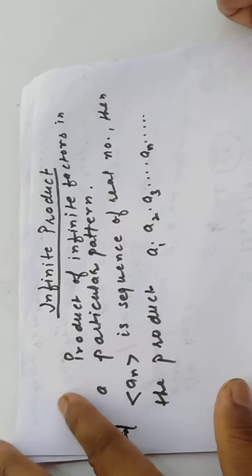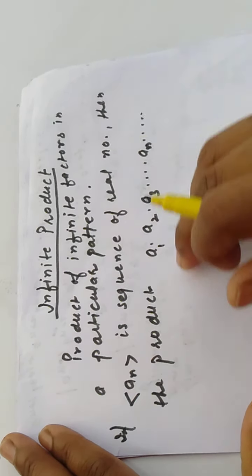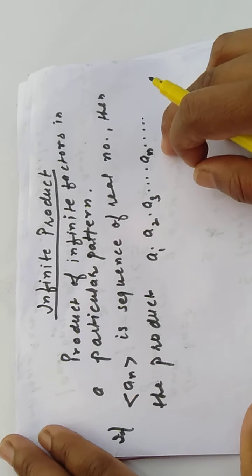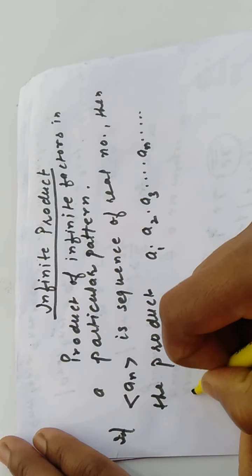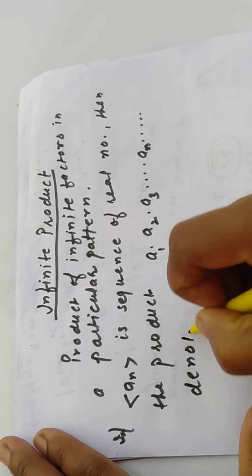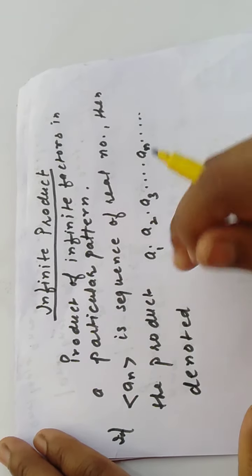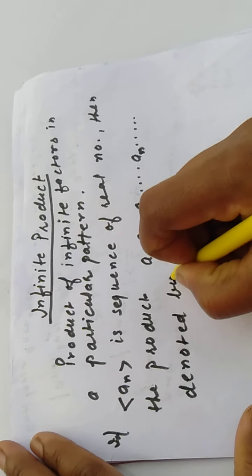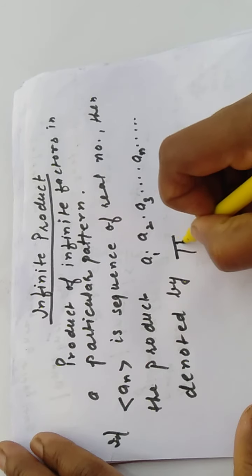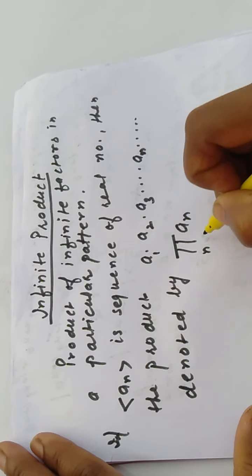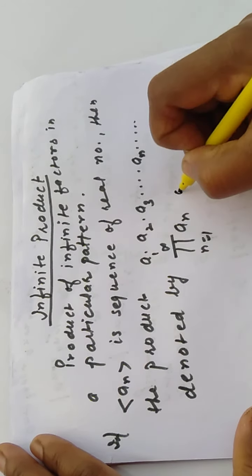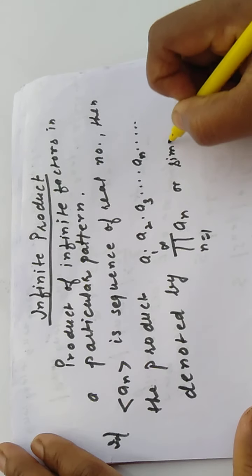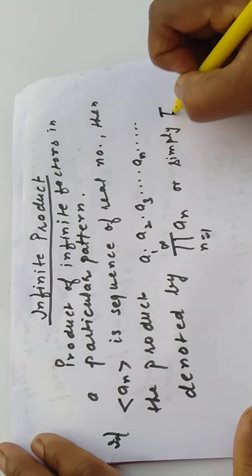Since the number of terms are infinite, so this is an infinite product and it is denoted by, as the series was denoted by summation, product is denoted by pi an, n varies from 1 to infinity, or simply pi an.